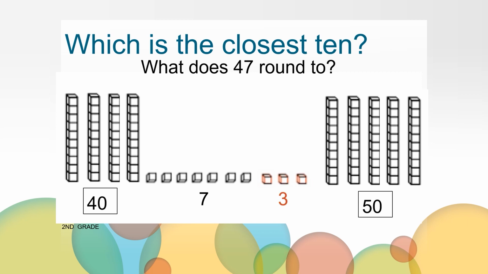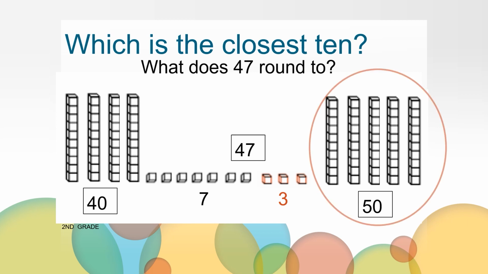So we added 3 more. 47 is 3 ones away from 50. 47 is 7 ones away from 40. So 47 is closer to which 10? 40 or 50? 47 rounds up to 50.